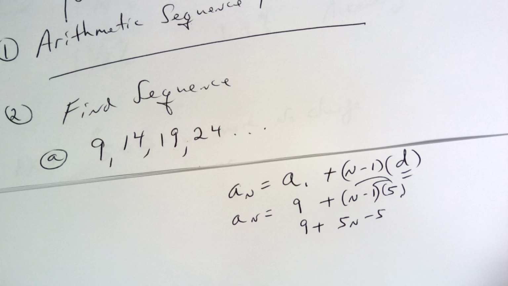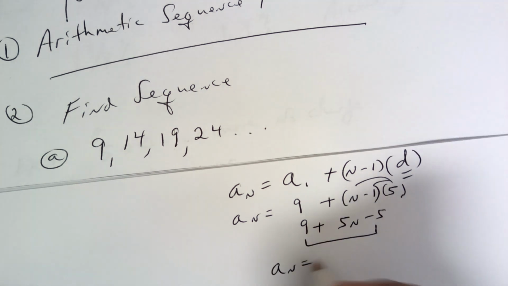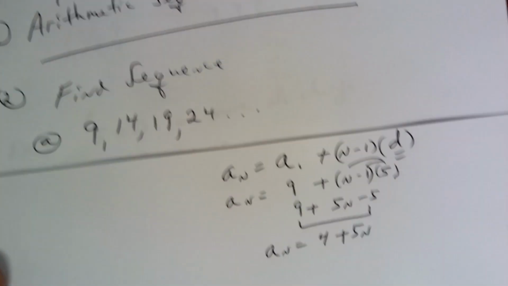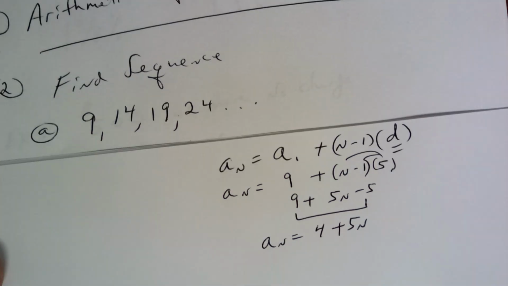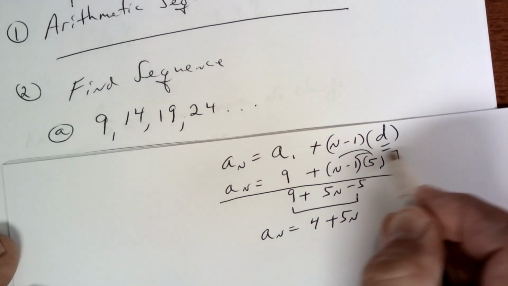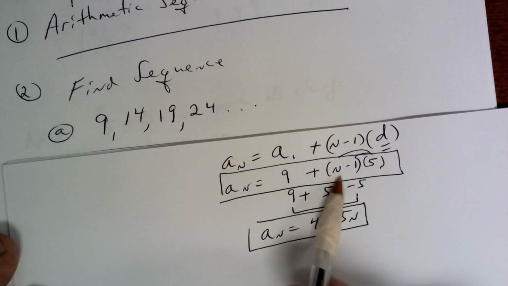And when you do that, 9 minus 5 is 4. So you could say a sub n is equal to 4 plus 5n. Okay? You don't have to simplify it, but you could. This is the formula. On your test, they may make you simplify it. I don't know. So you'd have to distribute and combine like terms.